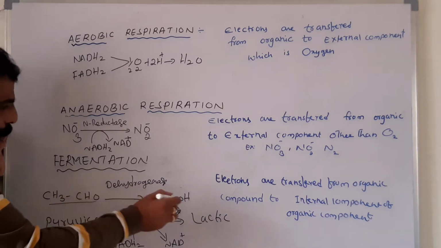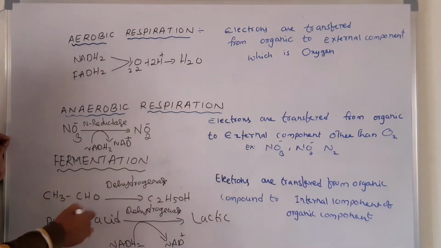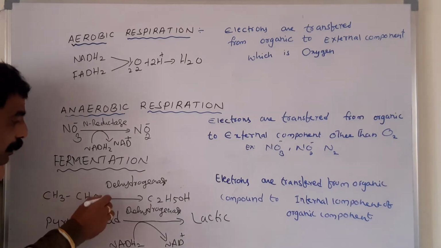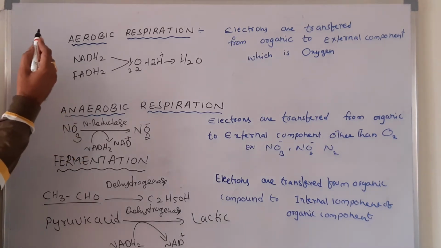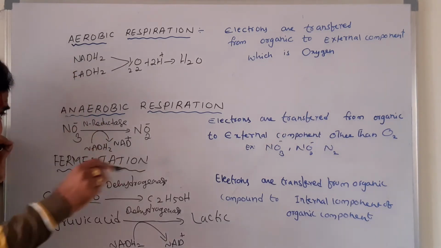If you take alcoholic fermentation, that will be acetaldehyde. The NADH2 donates its electrons to acetaldehyde, so that acetaldehyde gets reduced to ethyl alcohol. So this is an organic compound. Electrons are received from glyceraldehyde 3-phosphate, which is also an organic compound.